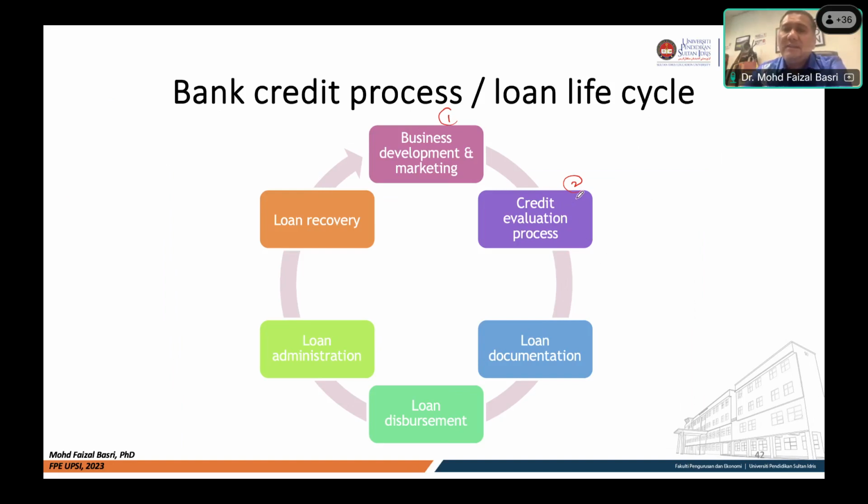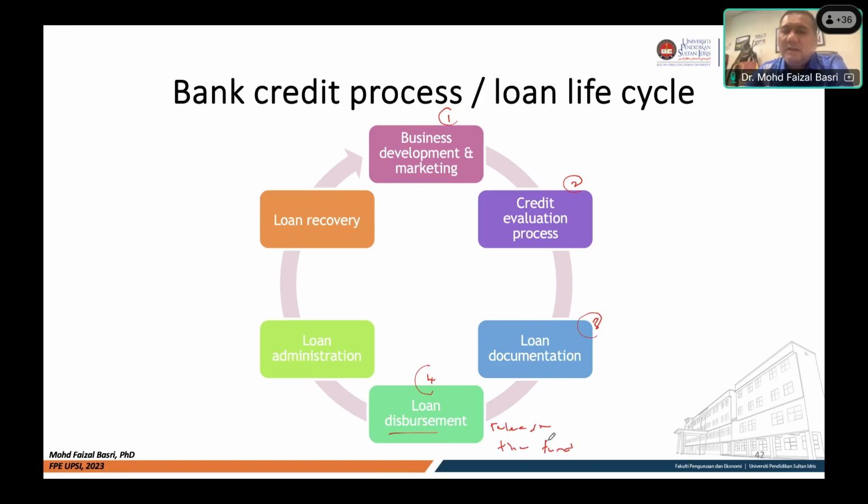Once they do all the necessary evaluation, they will send for documentation and also approval. If the loan is approved, they will send the loan documentation, and next, number 4, after all the documentation completes, they will disburse the loan. Disbursing is the process of releasing the funds.